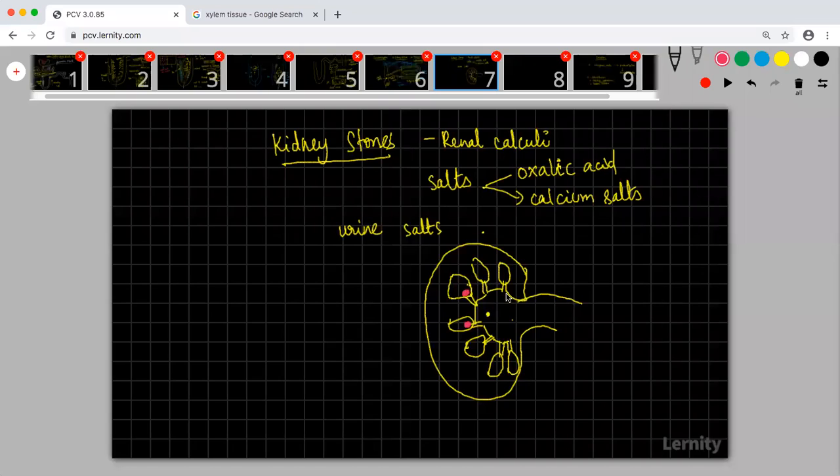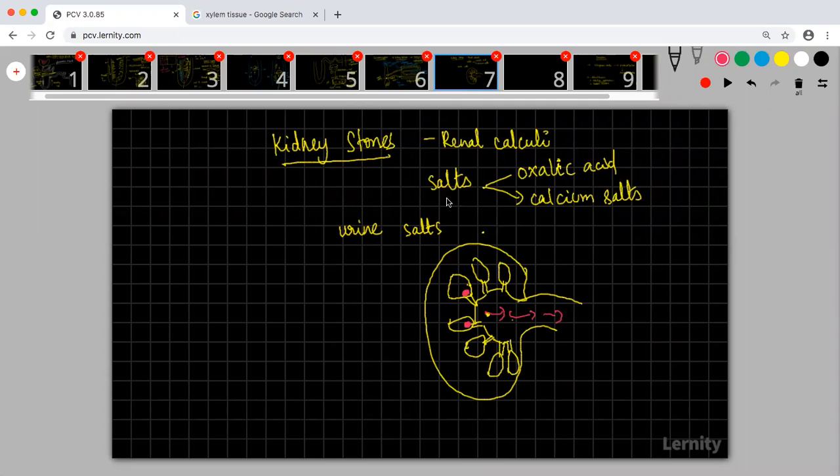When these stones are formed, they do not allow the urine to go in a proper way. That is what is causing the trouble. Whenever that stone is there, it will create pain. So why is this happening?